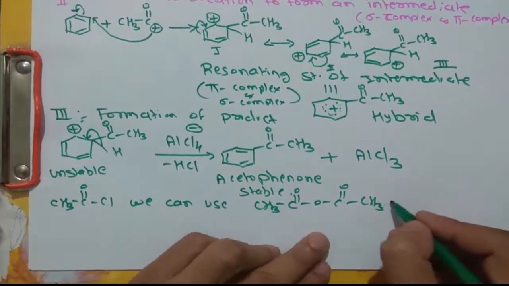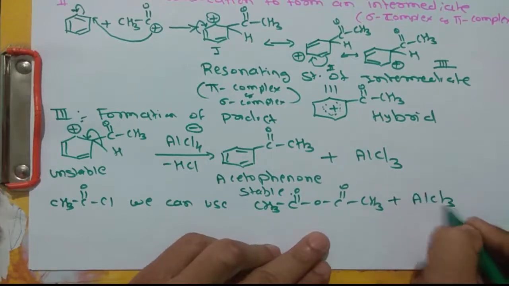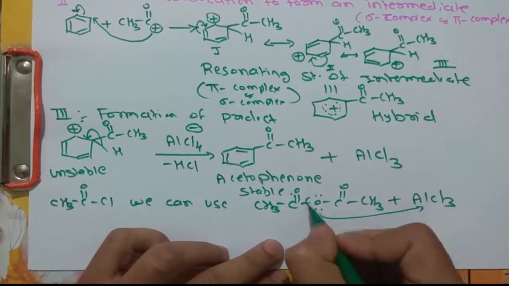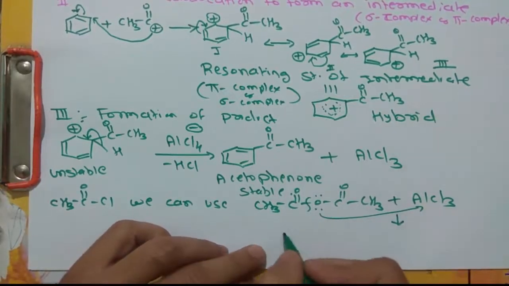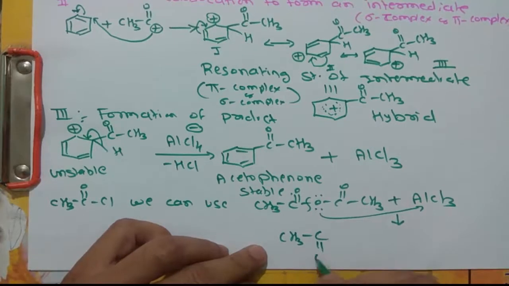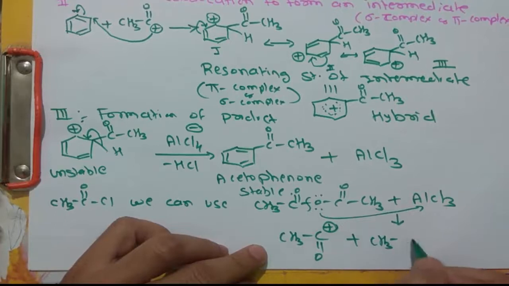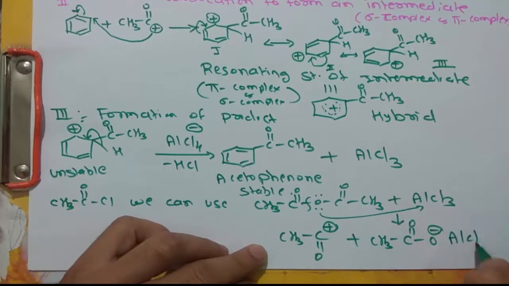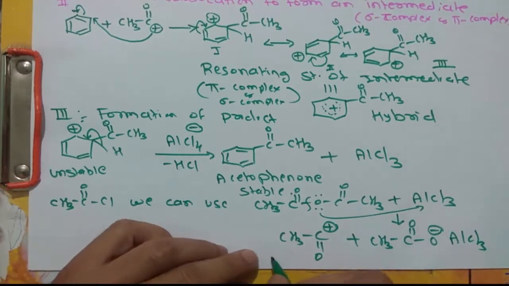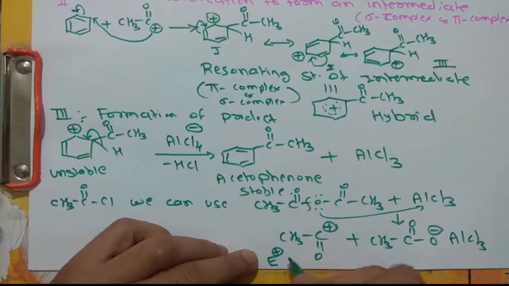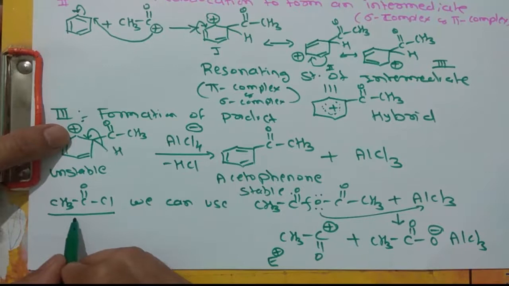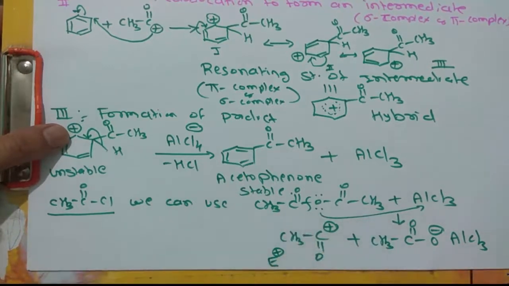It reacts with AlCl3 and the bond breaks, forming CH3-C double bond O positive charge plus CH3-C double bond O minus AlCl3. This is the carbocation or electrophile that is formed. Sometimes when acetyl chloride is not available, we can use acetic anhydride.